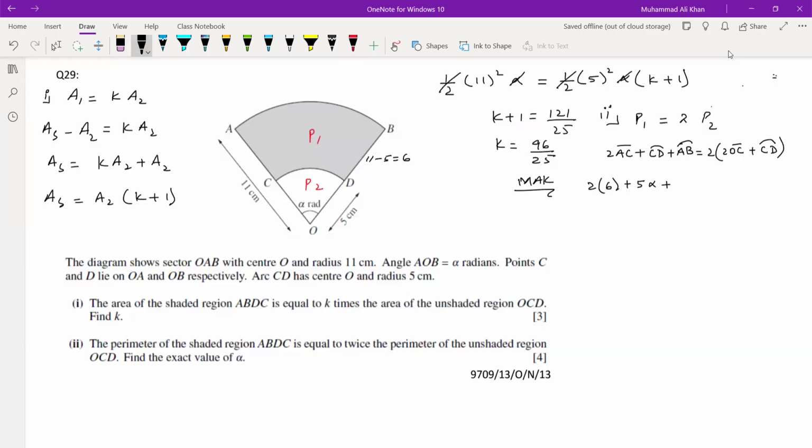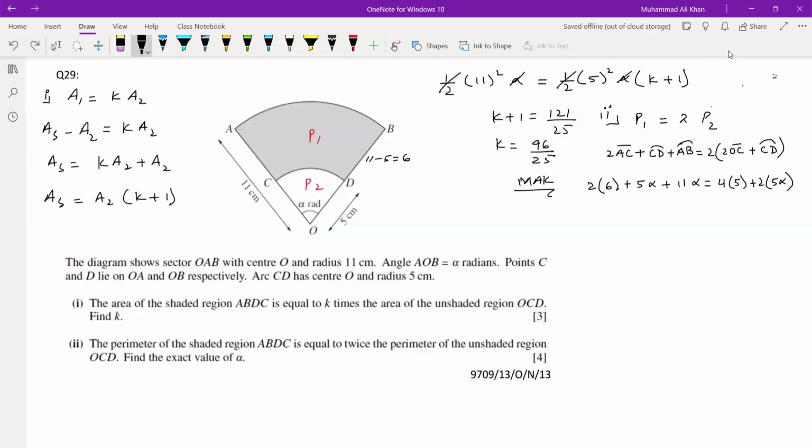What is AB? 11 alpha, equals to 2 times, 2 2s are 4. What is OC? 5, plus 2, what is CD? r theta, 5 alpha. 5 alpha और एक 5 alpha कैंसिल। आ रही बात समझ में?